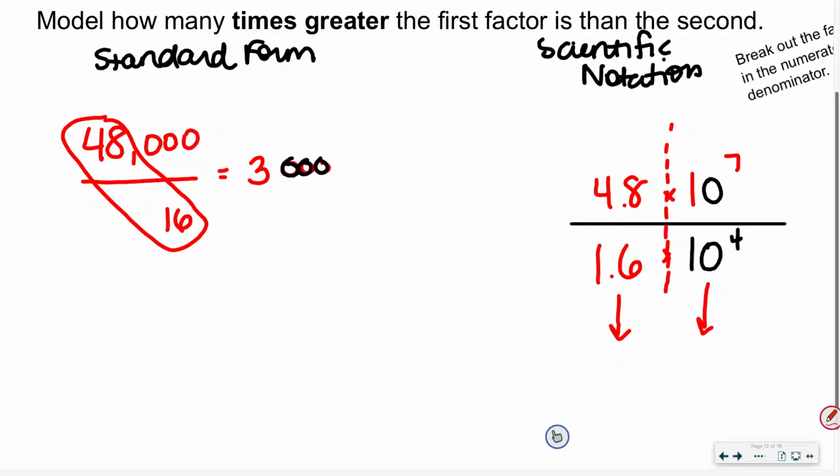Right, let's start on the left side first. 4.8 divided by 1.6 is 3. 10 to the 7th divided by 10 to the 4th is 10 to the 3rd. Now, the 3 was here. You divided the 48 by the 16. And then the 10 to the 3rd represents that 1,000. So 3 times 10 to the 3rd is also 3,000. If you left it as 3 times 10 to the 3rd, you're good.